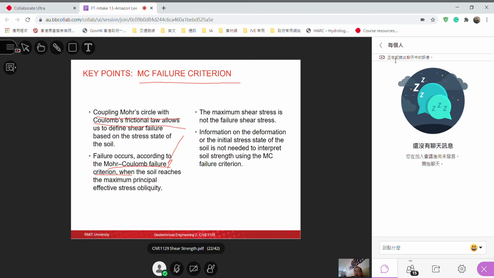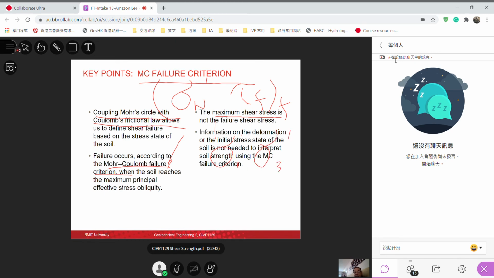From the Mohr-Coulomb criteria, we can find the maximum shear stress developed at the failure plane and the maximum normal stress developed at the failure plane. These stresses can be related to the major principal stress and minor principal stress by the two equations I showed you.